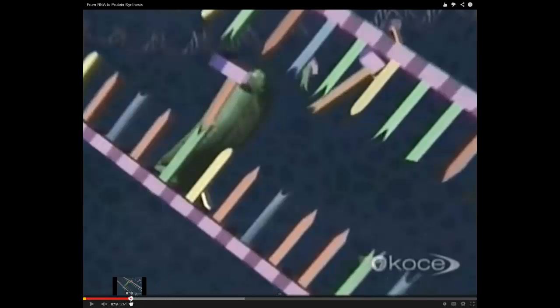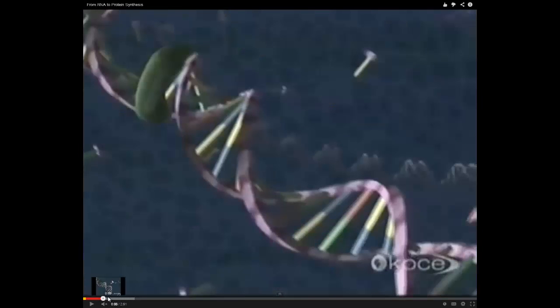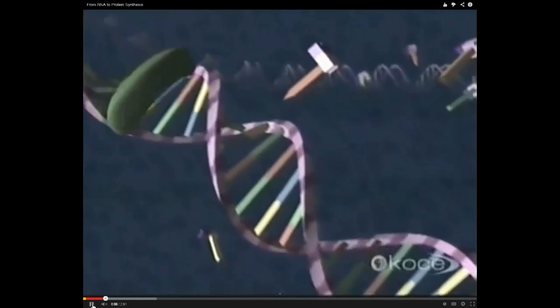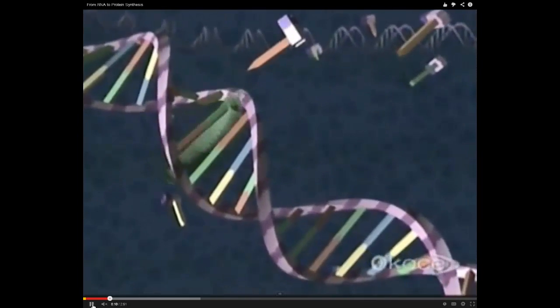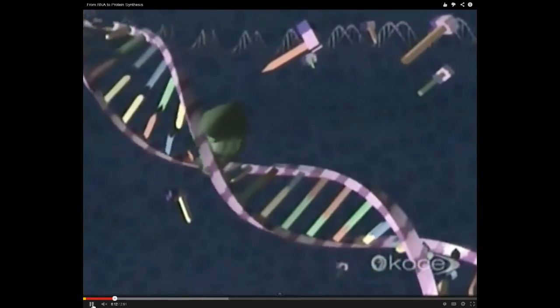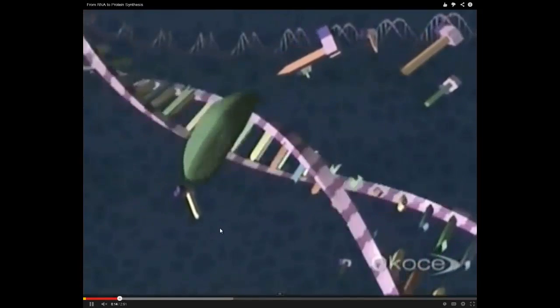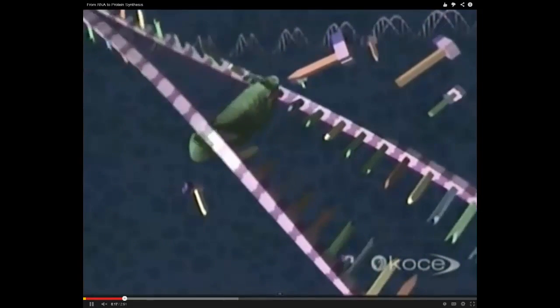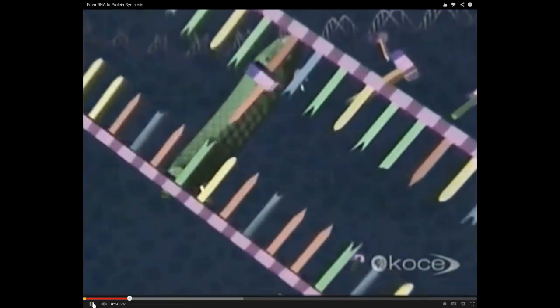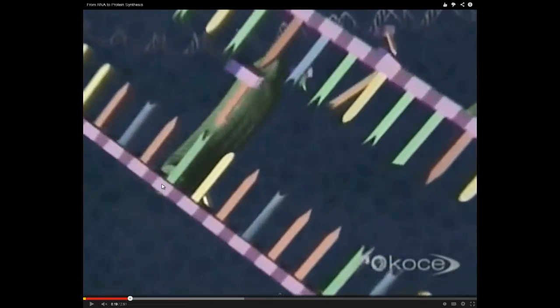So here is the enzyme shown in kind of a globular structure. That's a protein, that green worm-looking structure. That's helicase. It's unwinding the DNA molecule, exposing, again, remember, we have sugar, phosphate, sugar, phosphate. So this is deoxyribose, phosphate, sugar, deoxyribose, phosphate, and these are the 4 nitrogen bases.